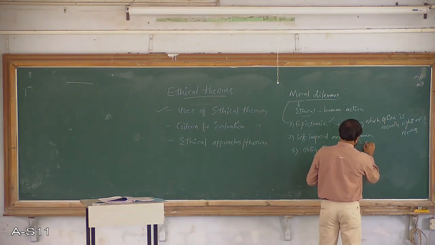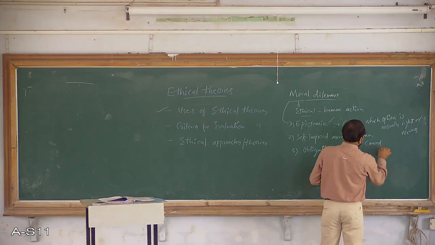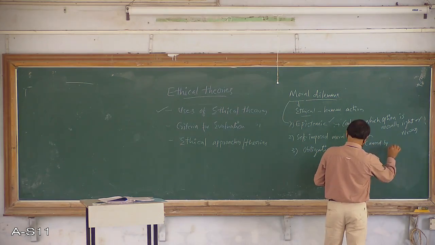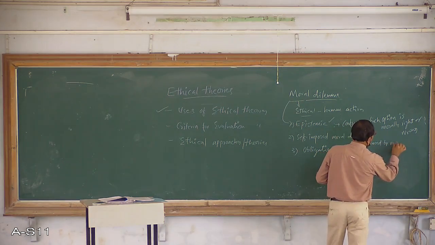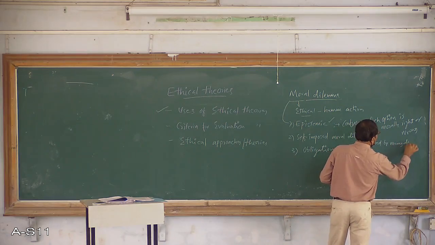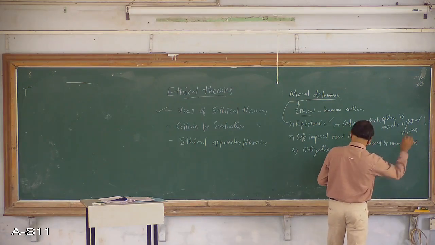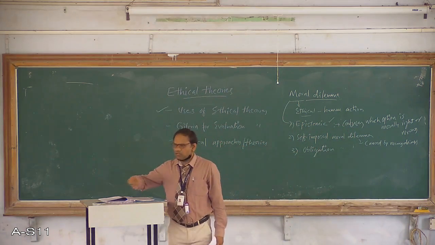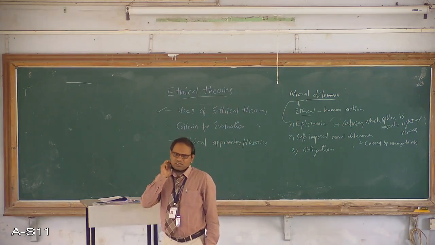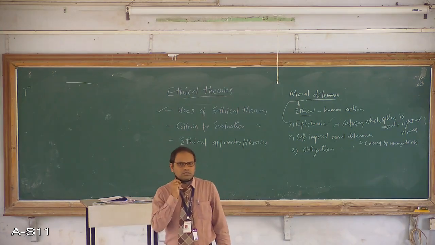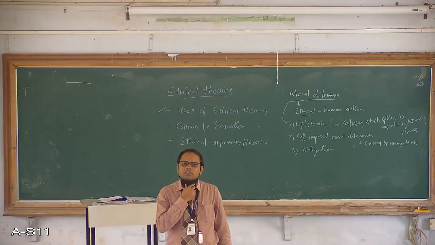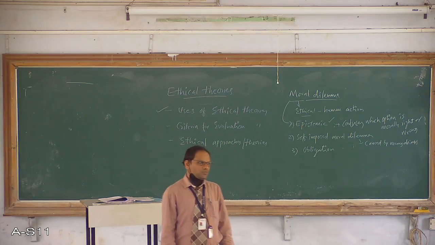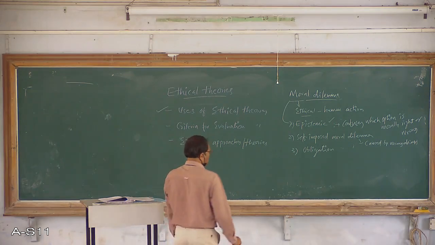That is, these sorts of dilemmas are caused by wrongdoings. Can you give an example? How wrongdoings are going to affect the society, or whatever the situation is if you do some wrongdoings.